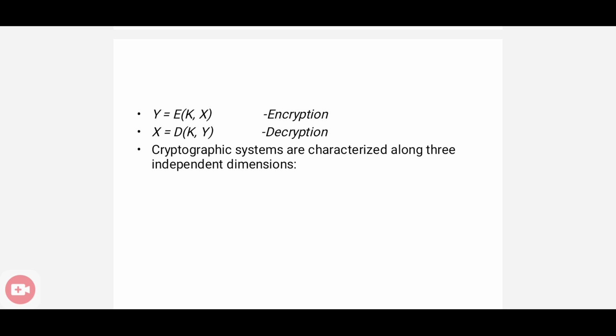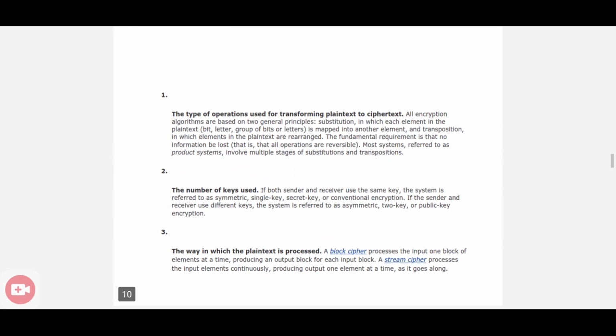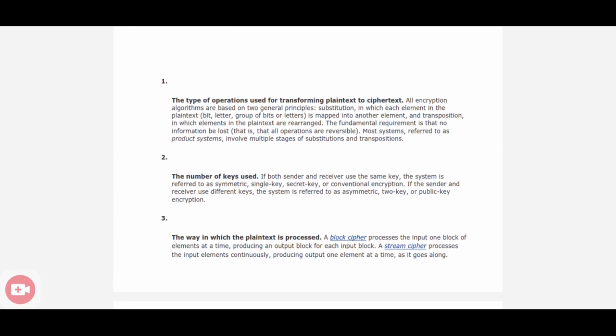So these cryptographic systems are characterized along 3 independent dimensions. First, what are the operations used for transforming the plain text to ciphertext? Second, how many keys are used for the encryption and decryption process? And third, the way in which the plain text is processed.